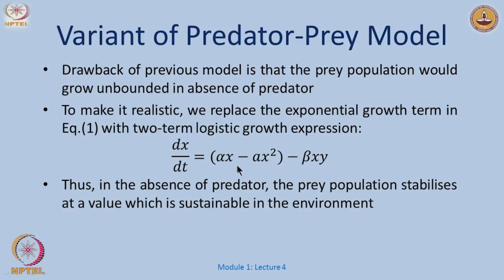Now, we will also add some term which will take care of the death rate, say some constant a multiplied by x square. So, if you look at this equation, if there is no big fish, y goes to 0, and in the absence of y, the prey population could stabilize at some value. It will not be a really large number of fish, as there is not enough to eat. So, this is an assumption which is closer to reality, or which is sustainable in the environment.